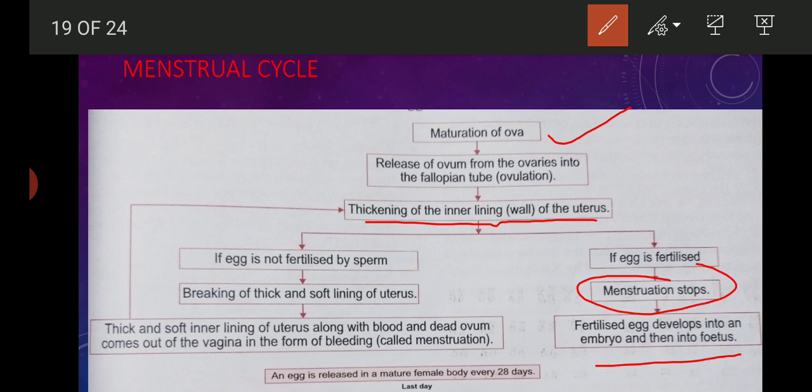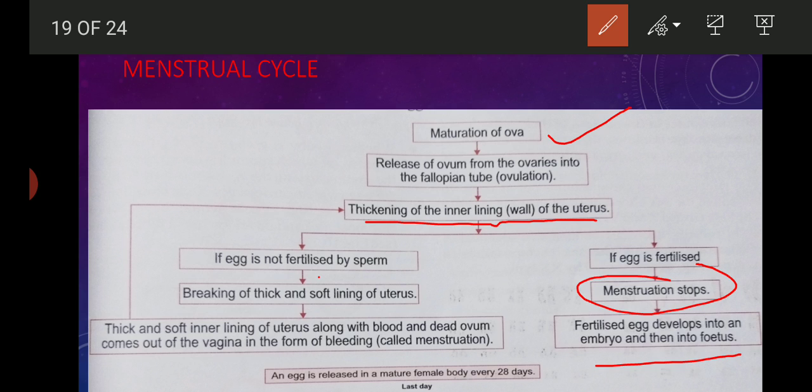And if fertilization does not take place by the sperm, then the lining of the uterus breaks down and passes out through the vagina with the unfertilized egg, resulting in bleeding, and this is called menstruation. Menstruation occurs for 4 to 5 days after every 28 to 30 days.